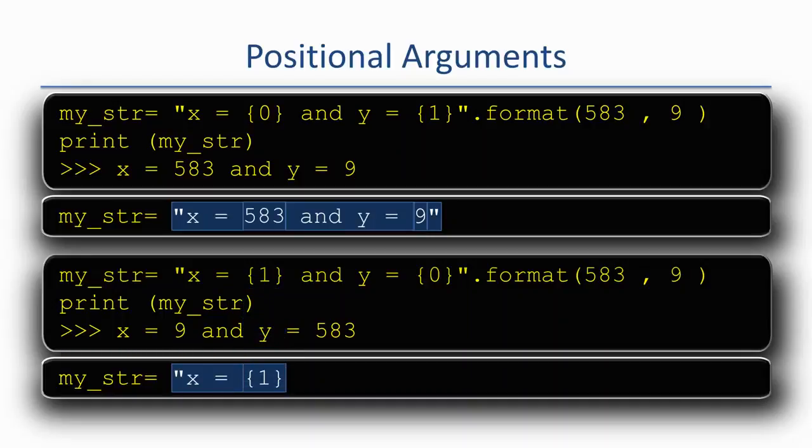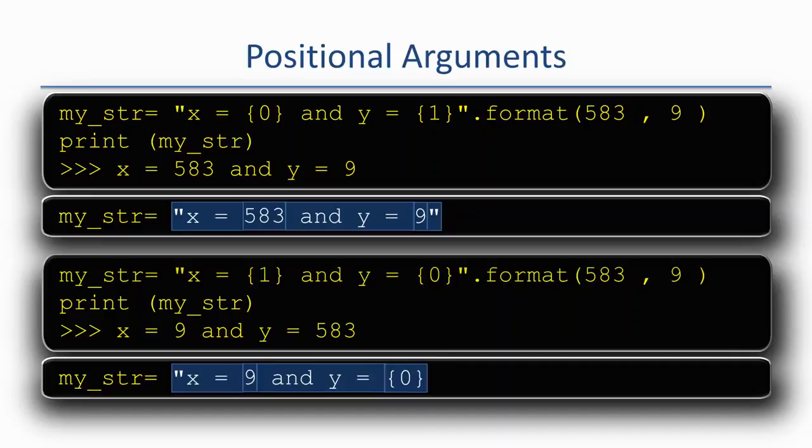Now, what this curly bracket tells Python is, go into the arguments and grab the argument in position 1 and bring it here. The argument in position 1 is 9. So Python brings 9 here. Then it scans the template string again and brings it down here. Then brings the curly bracket here.